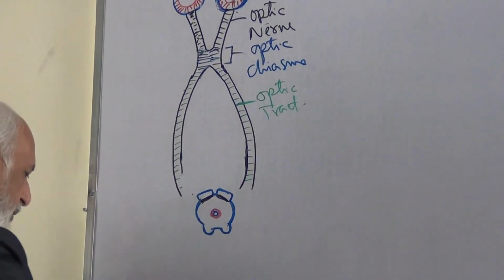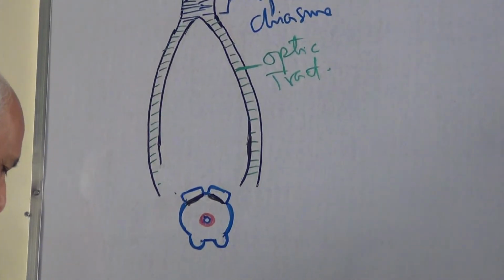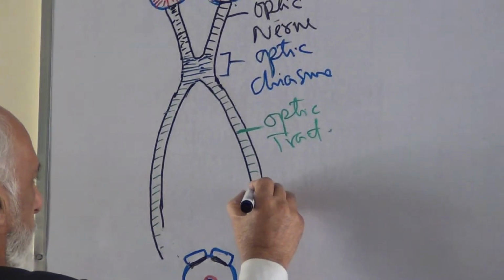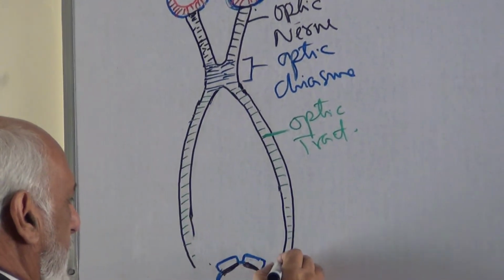Now the right and left optic tracts run backwards, and here these divide into a medial root and a lateral root.